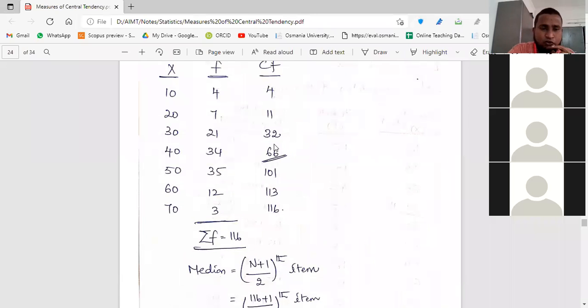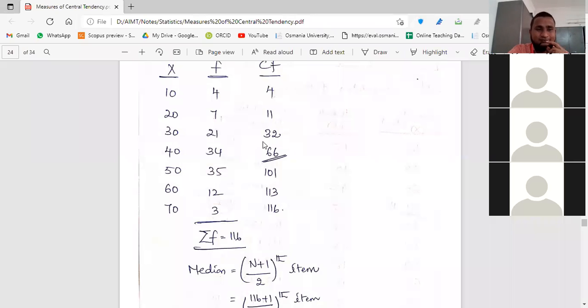What is the value we got? 58.5. You need to locate this value in cumulative frequency. But there is no 58.5 here exactly. So that is why it will lie between 32 and 66. So you have to select the higher value only. You cannot select 32 because 32 will be very less.